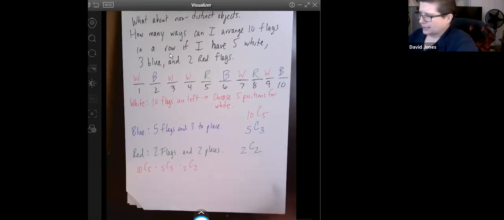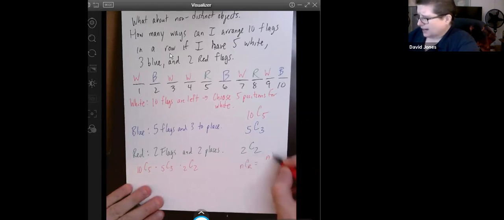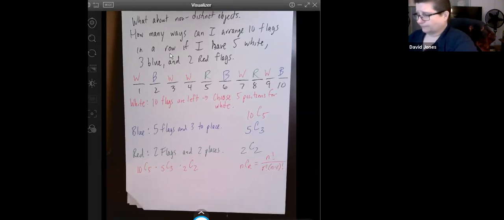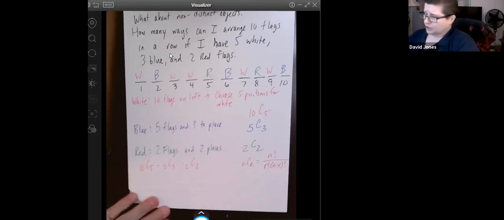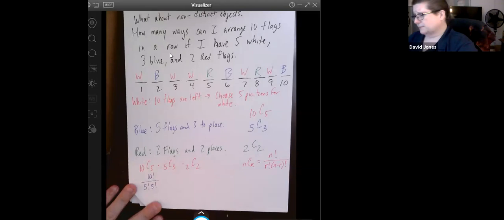So remember nCr is n factorial over r factorial times n minus r factorial. Which gives me, for 10 choose 5, 10 factorial over 5 factorial, 5 factorial. And then I do 5 choose 3.